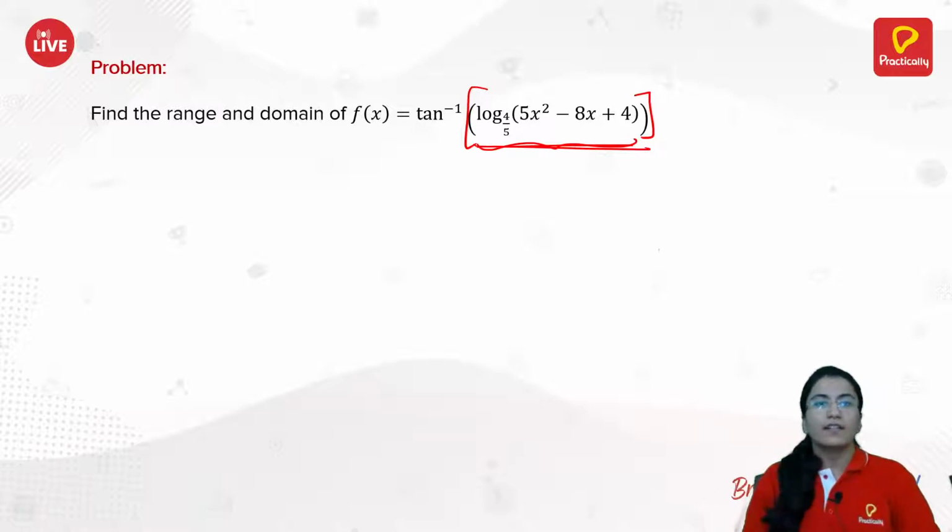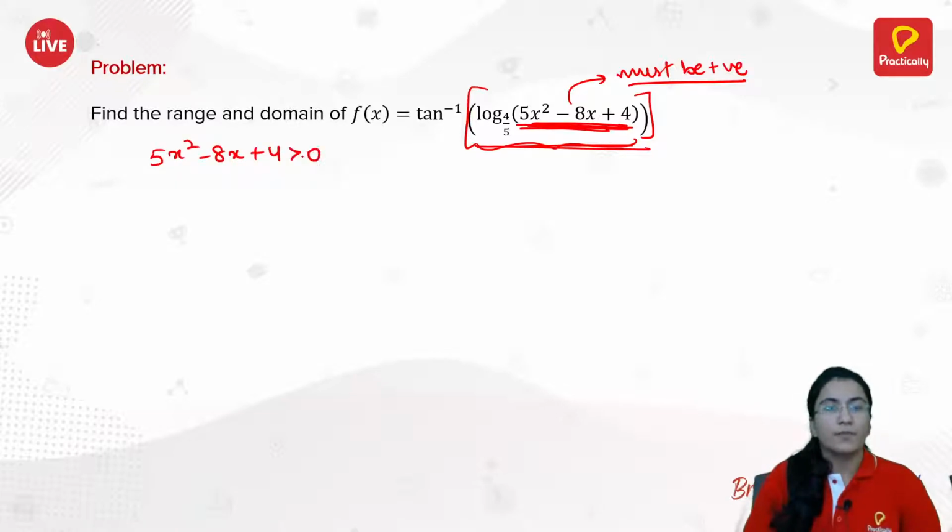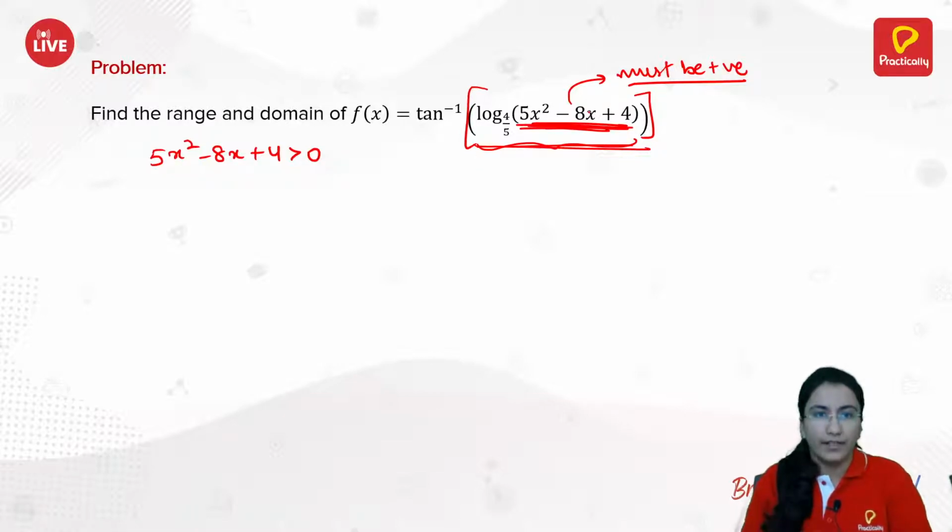Next, for log of 5x square minus 8x plus 4 to be defined, this expression must be positive. That means 5x square minus 8x plus 4 must be positive so that the log of this expression is defined.